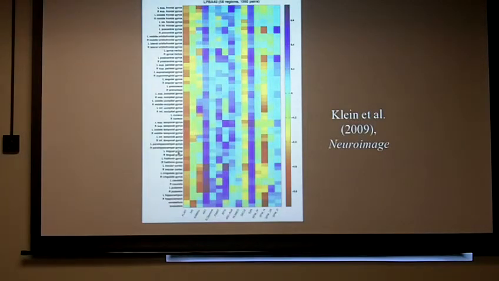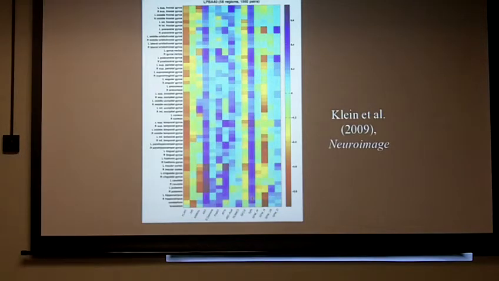So Arnold Klein conducted a very ambitious normalization algorithm evaluation study in 2009, and the left axis is the ROIs, and the x-axis is the different algorithms, and it shows ranking.